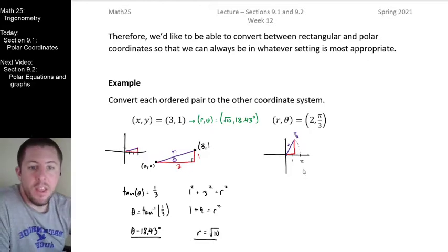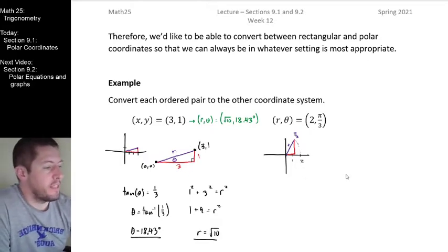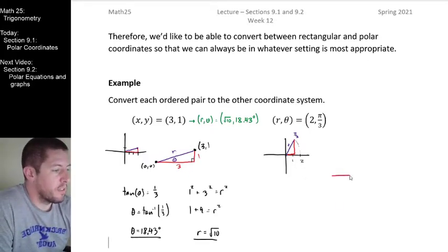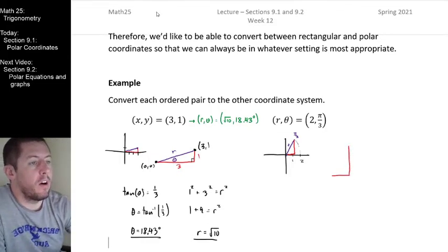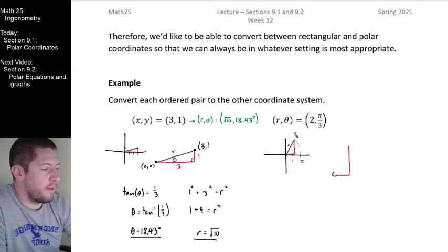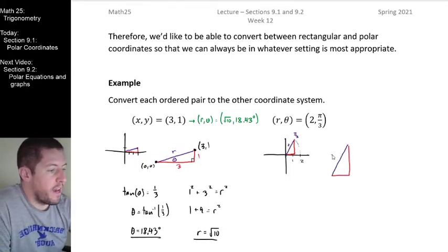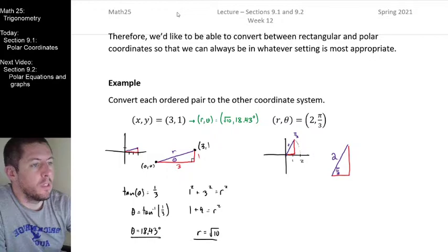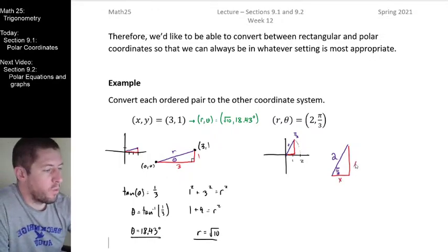So once again, there's a right triangle in space that's helping describe the relationship between our r and theta information and our x and y information. In this problem, we were given that our radius is 2 and the angle is pi thirds, and what we don't know is what x and y are.